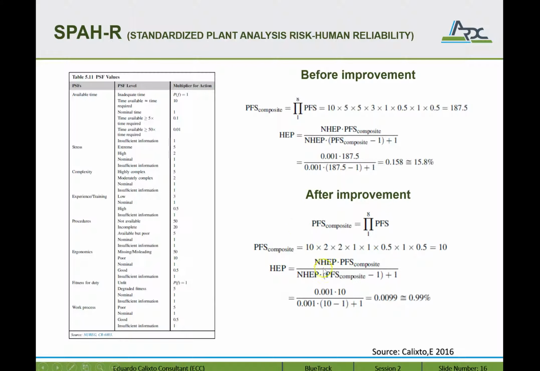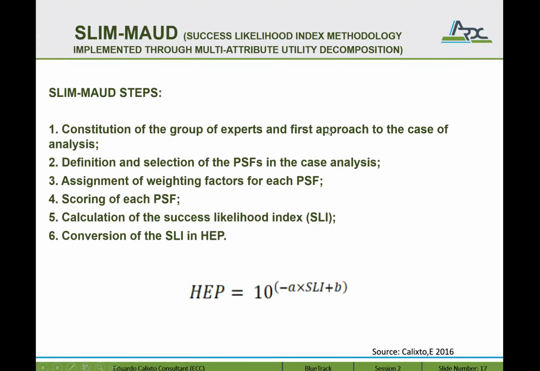Of course, here this is a procedure. They define the nominal human error probability, but we can again use other values here based on experience, specialist elicitation, or even based on our database. Another method is the success likelihood index methodology. So with this method, again, we need to have a group of experts because it's based on specialist elicitation about the index and the importance of each index.